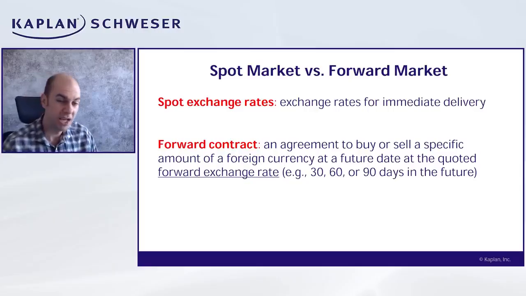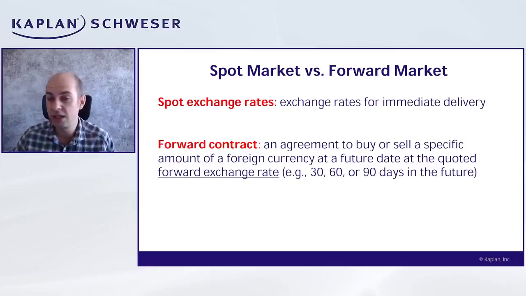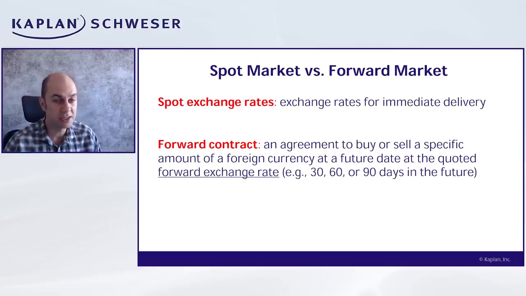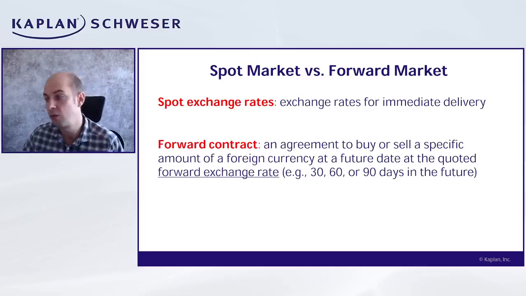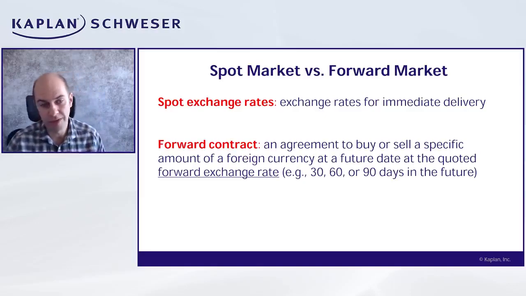If, however, I'm planning to buy a house in another country in, let's say, 6 months' time, then I may want to play in the forward market because I want to lock in the purchase price of that foreign currency.